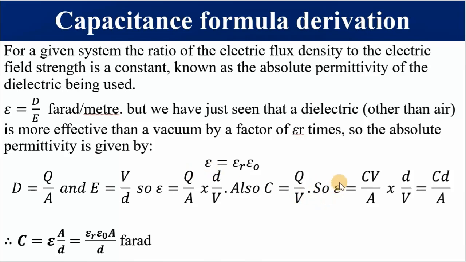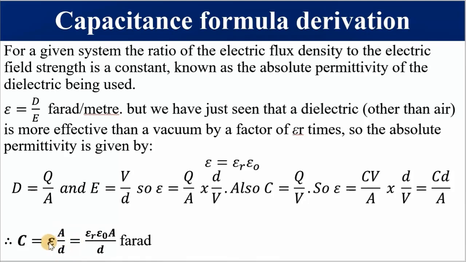We can say epsilon is equal to CV divided by A times, this remains D over V. If we simplify, we are going to have epsilon is equal to capacitance times the distance between the plates divided by the cross-sectional area. If we make C the subject of the formula, it's going to be C is equal to epsilon multiplied by cross-sectional area divided by the distance between the plates.